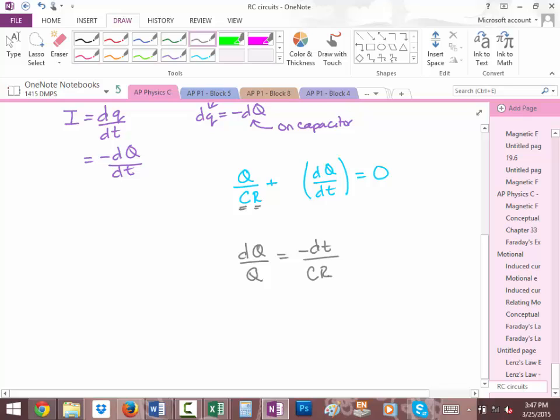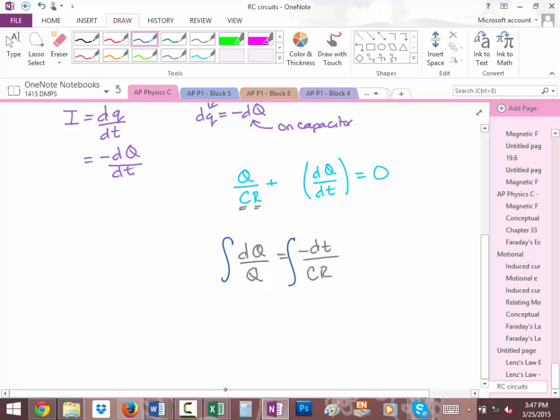Okay, so I want to integrate both sides. And I want to talk about from the beginning, when I close that switch, to sometime later. It doesn't have to be at the very end, because really, when is the very end? But it's just going to be from the beginning to sometime later. So let's go ahead and integrate on both sides.